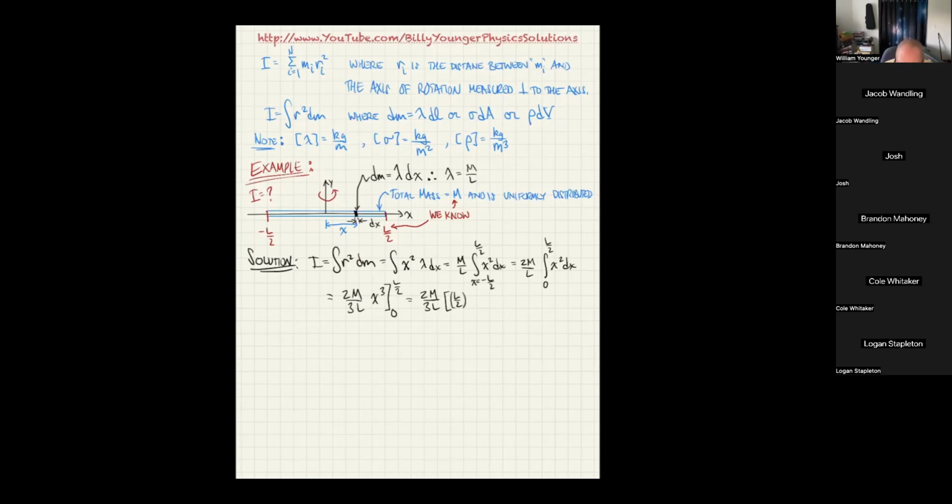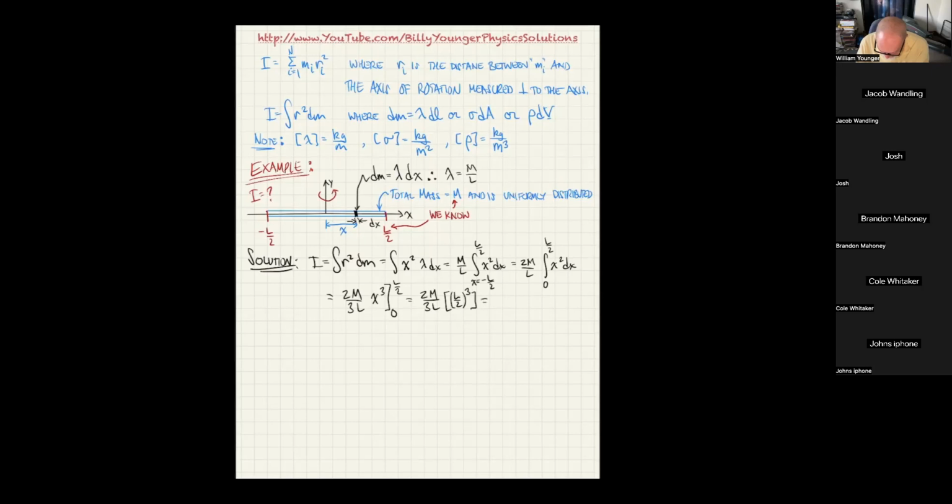You should remember that when you're doing this, you should first consider replacing the variable x with parentheses, and all of that raised to the third power. Because if you don't do it that way, there's a chance that you won't realize a negative, for instance, has to be cubed with it. In this case, there wasn't any, but there would have been if I hadn't changed the limits of integration to 0 to L over 2. Otherwise, I would have had negative L over 2 to L over 2, and that could have caused a problem.